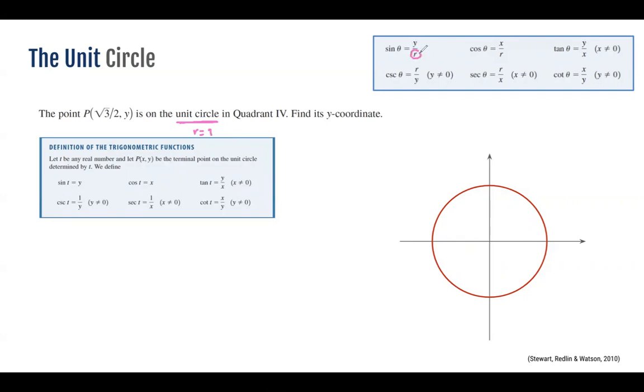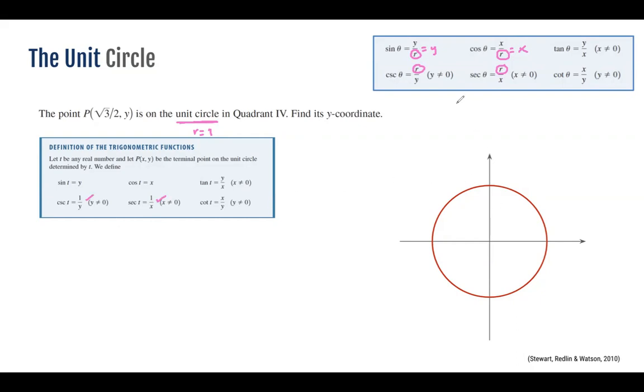So if r is 1, instead of doing y over r, we're simply going to have y, x over r, which is x, and the reciprocals are going to be 1 over y and 1 over x. So same thing, but r being always 1.